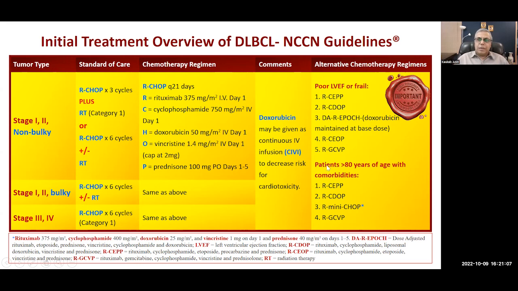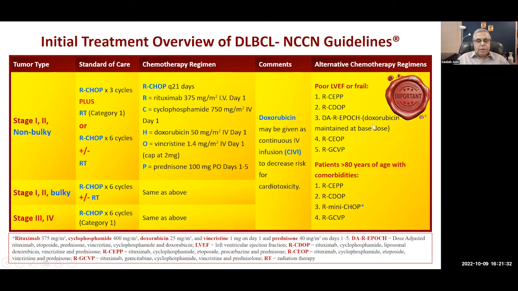So these are the alternative drugs, in case the left ventricular ejection fraction is low, is poor, then we cannot give doxorubicin, right? Because it is cardiotoxic. So in this case, we choose other regimens that do not have doxorubicin, or have it in very low doses, where they have written maintained at base doses.